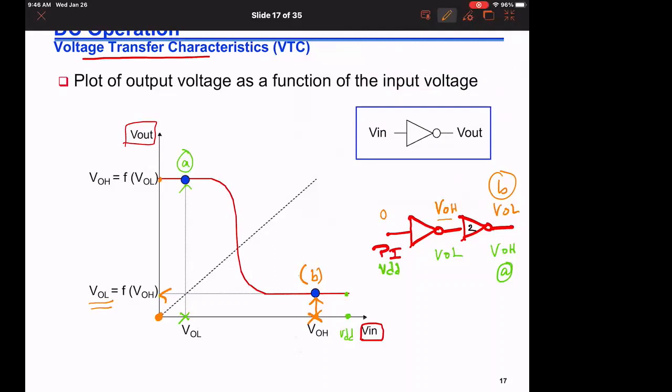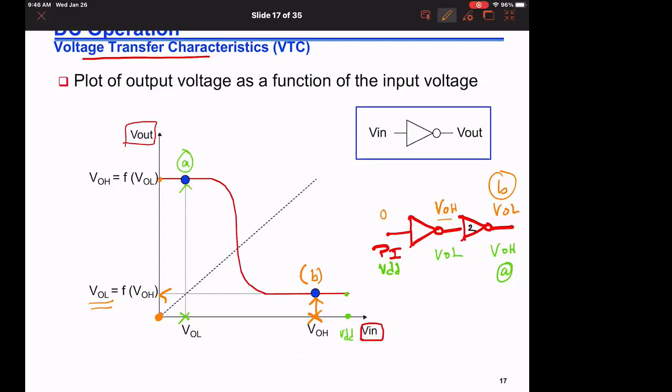This is why we care to solve for these two metrics, because we will see later that my circuit can only sustain those values and those values will propagate inside my design.